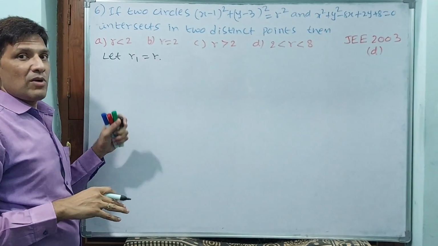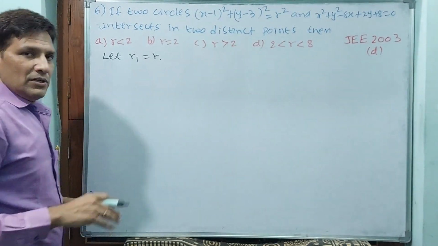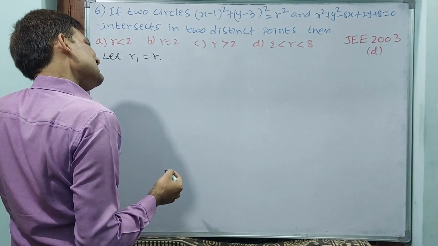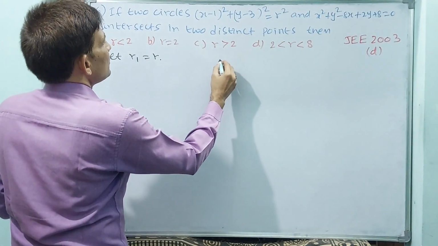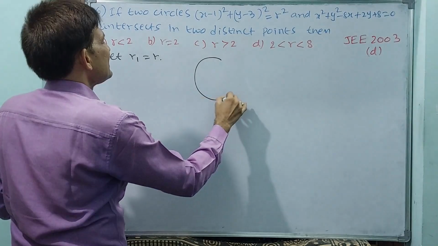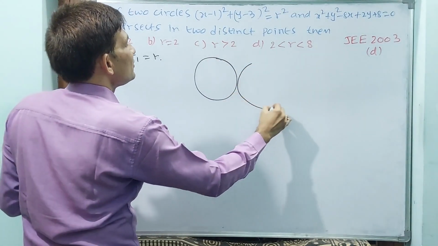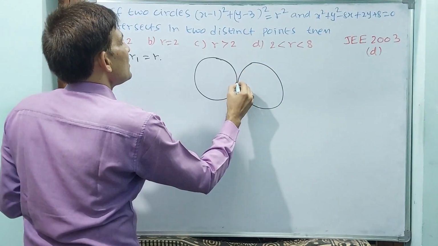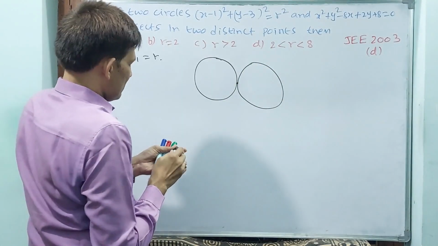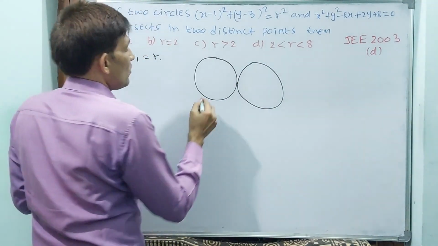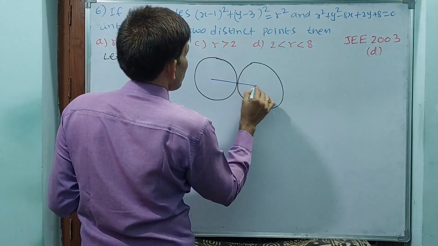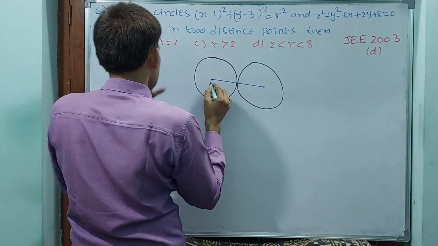But the standard formula we are going to write. See what I want to say. Two circles are like this. This is C1, this is C2, the centers. Think that they touch at one point. Observe carefully here.